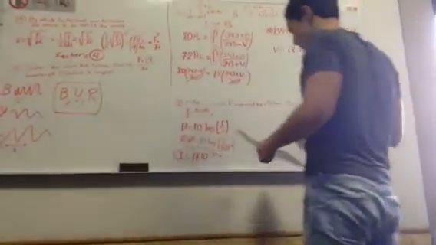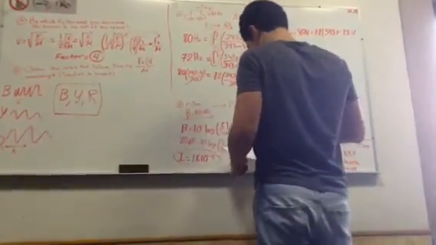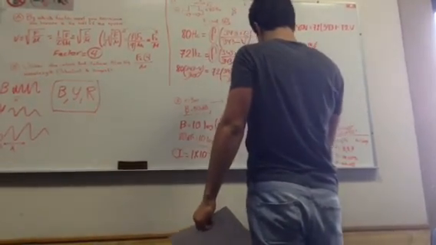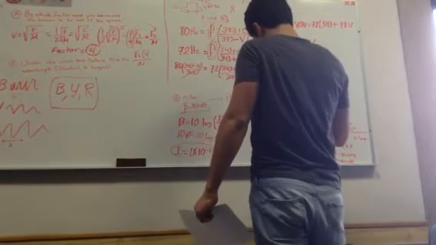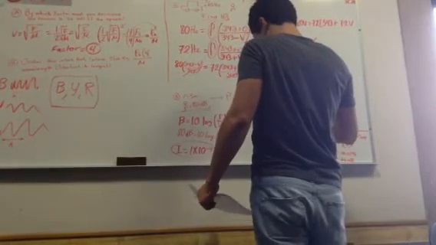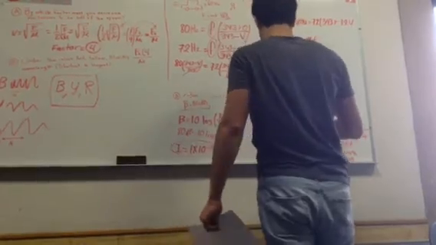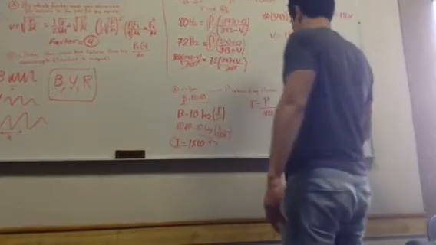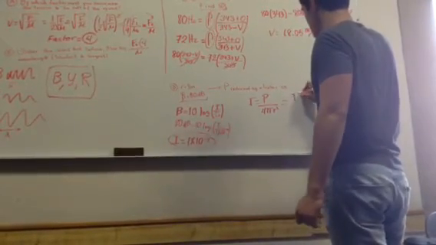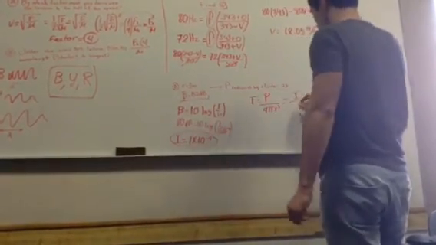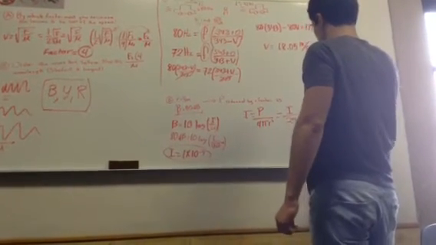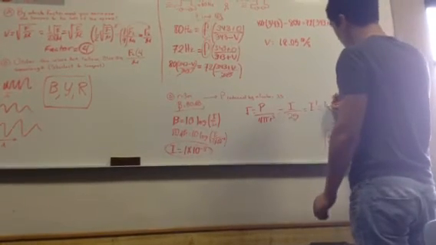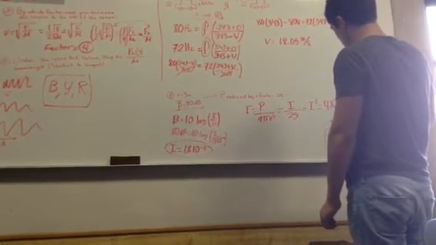Then we need to apply the formula of intensity. It's equal to power over 4 pi radius squared. Since we know that the power is reduced by a factor of 25, we can express that the original intensity is divided by a factor of 25, giving us a new intensity that is 4 times 10 to the minus 6.